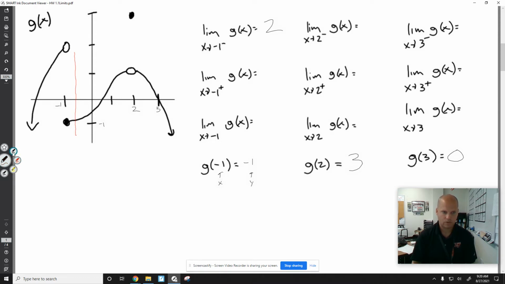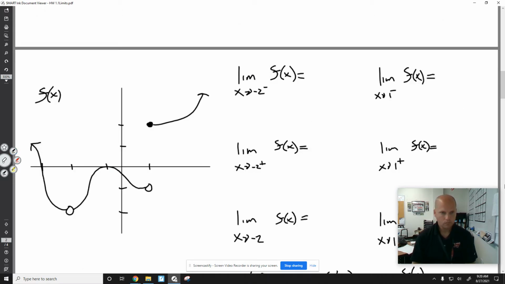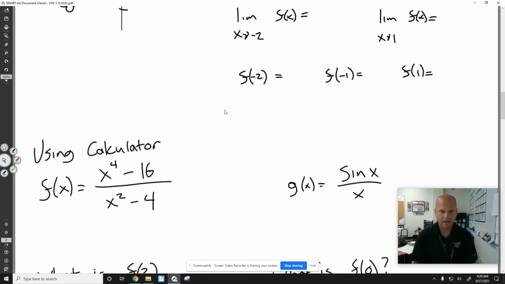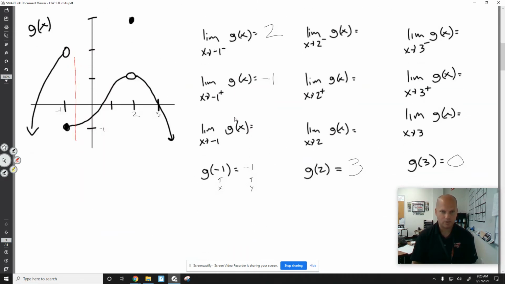This closed circle's location is a y coordinate of -1. Whoa. Since my left hand and my right hand limits do not agree with each other, since I got 2, since I got -1, I don't care about the fact that there's a closed circle, open circle. It's just that these numbers are not the same. This limit does not exist.